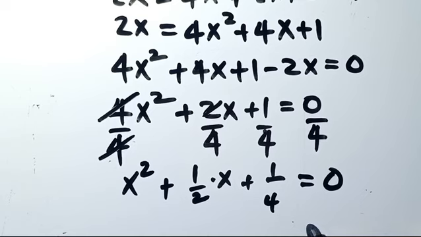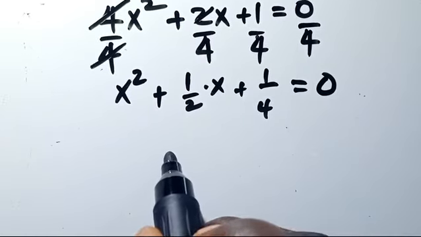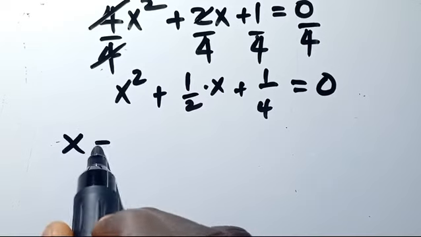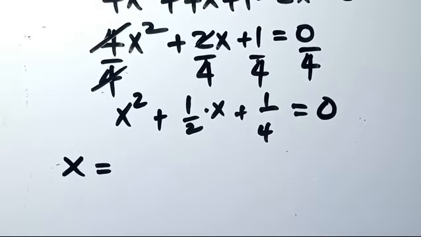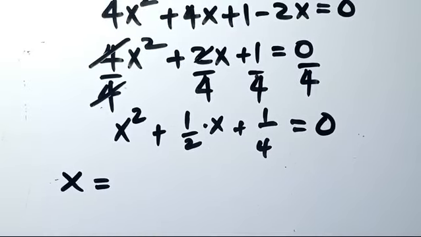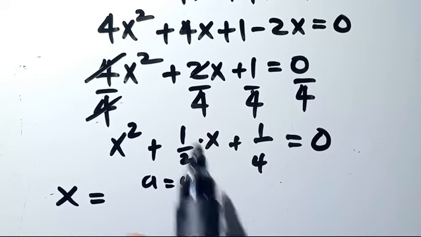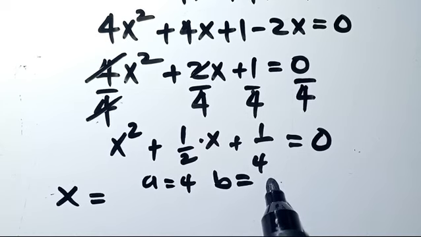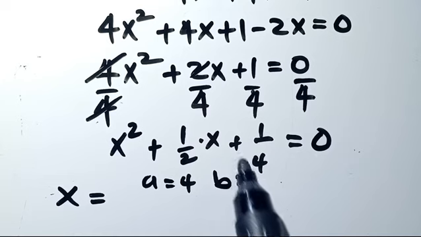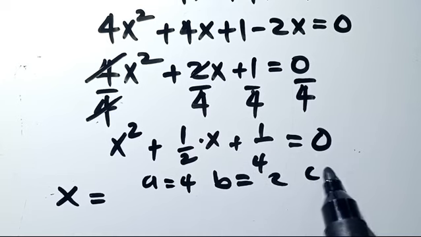So to solve this quadratically, let's use the quadratic formula, minus b plus or minus the square root of b squared minus 4ac, all over 2a. Our a is 4, the coefficient of x squared, then our b is 2, then our c is 1.